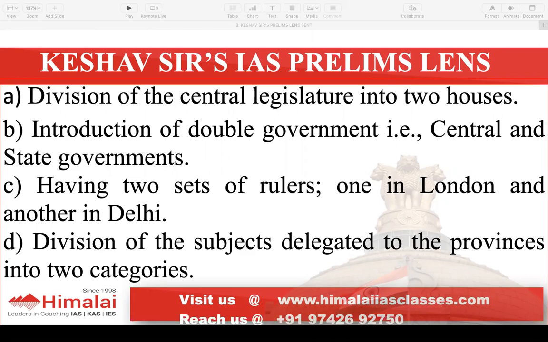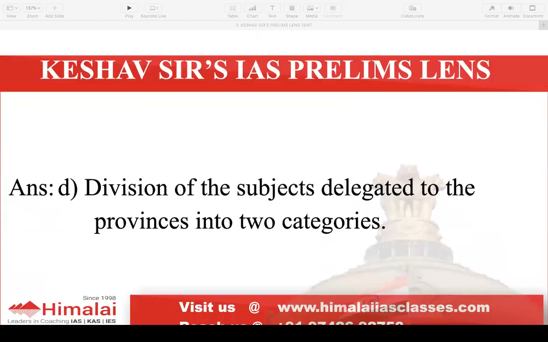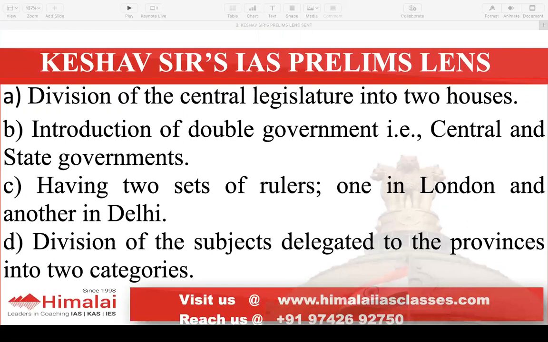Here, the correct statement would be statement D, division of the subjects delegated to the provinces into two categories, which is known as transferred list and reserved list. This was brought into effect by the Government of India Act 1919, also known as Montagu-Chelmsford Reform. It was a bad experiment.